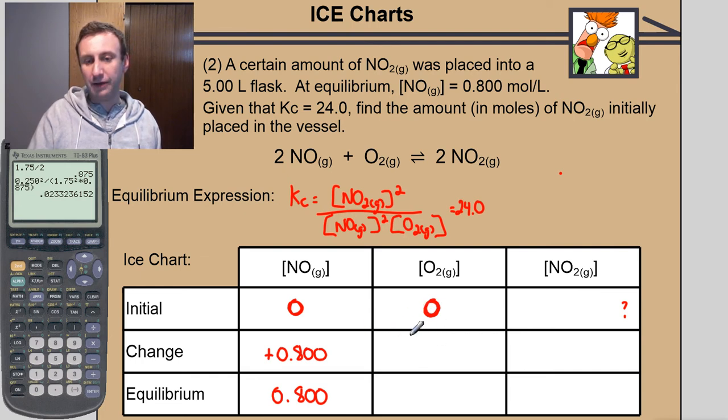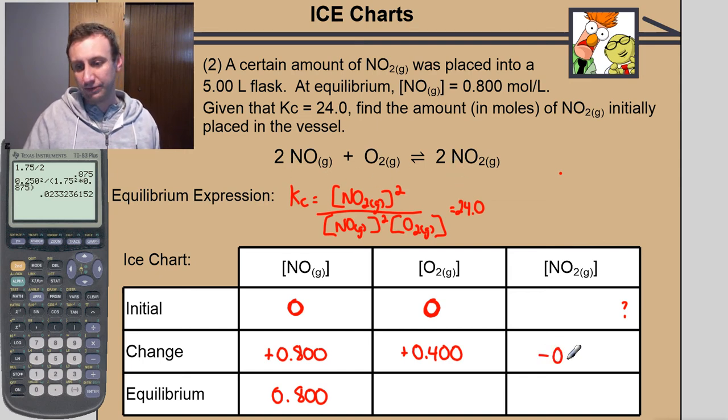If I have positive 0.800, then for O2, given that it's a 1 to 2 ratio, this must be positive 0.400. And given that NO2 is on the other side but has the same number as NO, this must be down 0.800. Okay, so that's where we're at right now in terms of information.